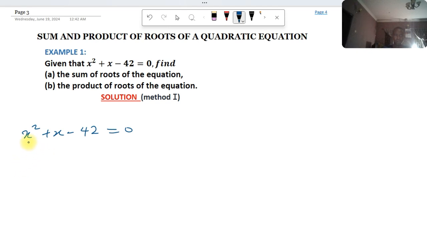Now I'll marry the first term with the square, and the other one, the constant term, I'll pin them together. We have minus 42x squared. My aim now is to find two factors of 42 that when I multiply them together it will give me minus 42, and when I add them it will give me positive 1.